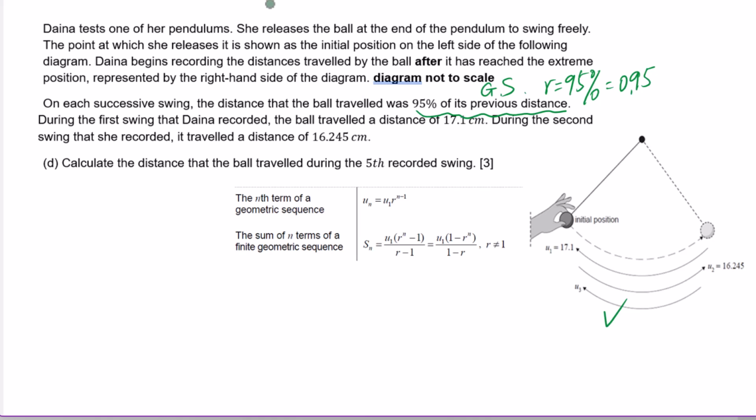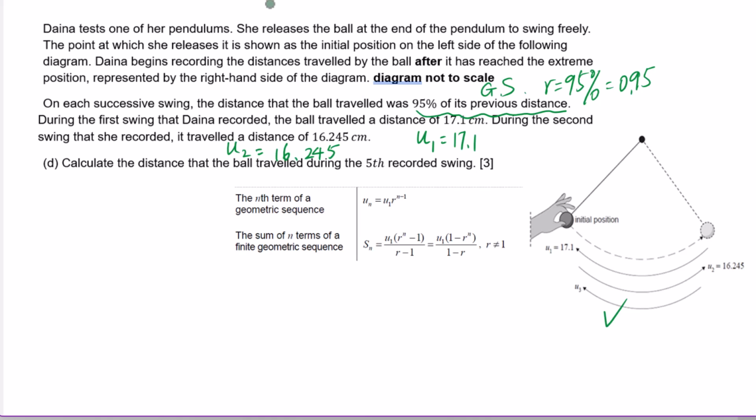During the first swing that Dana recorded, the ball traveled a distance of 17.1 centimeters. u sub 1 equals 17.1. During the second swing that she recorded, it traveled a distance of 16.245 centimeters. u sub 2 equals 16.245.